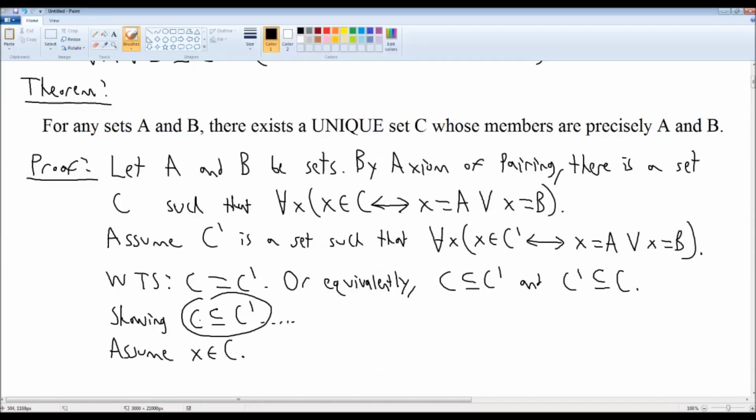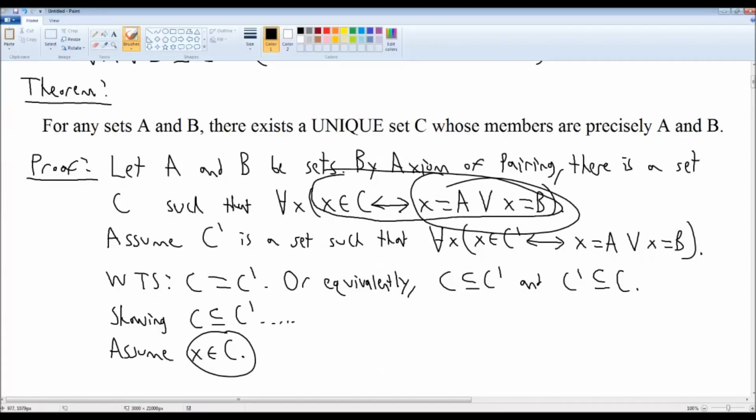To show that this is true, we got to show that everything in C is in C prime. So assume X is in C. We want to show that X is also in C prime as well. How do we do it? Well, if X is in C, then we must have this.